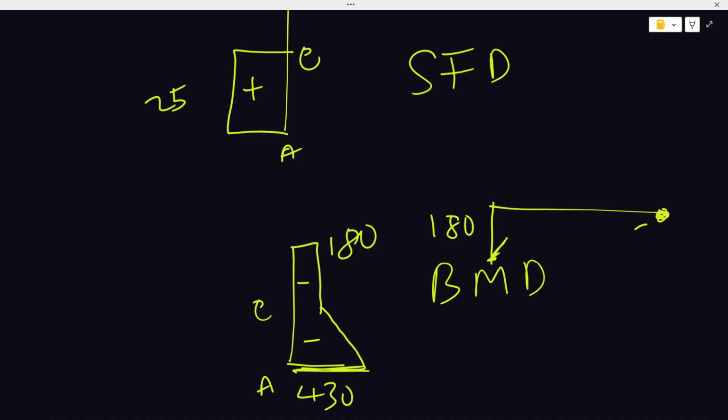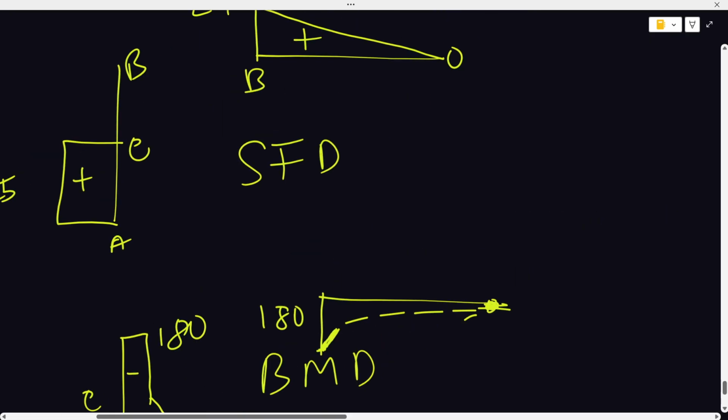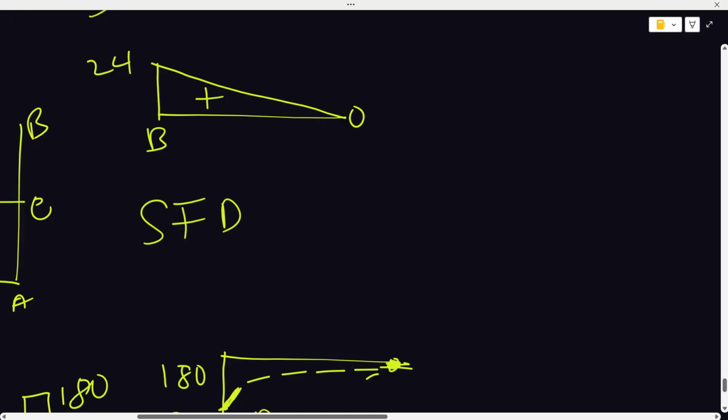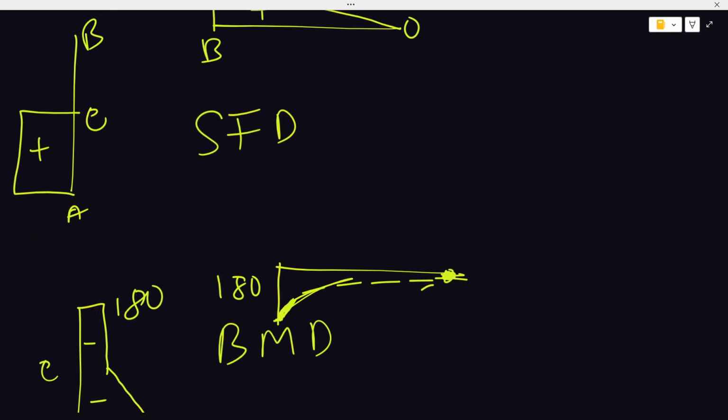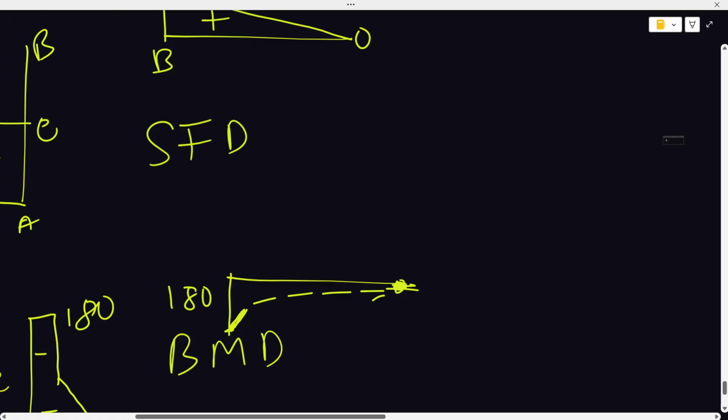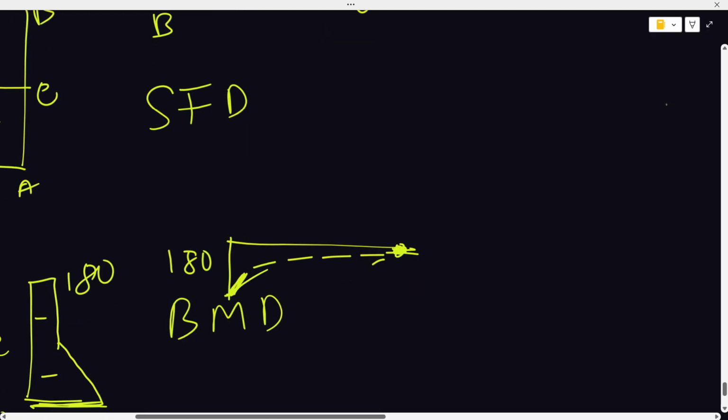So it will start reducing until it becomes a zero slope. So it will be curved in this manner.